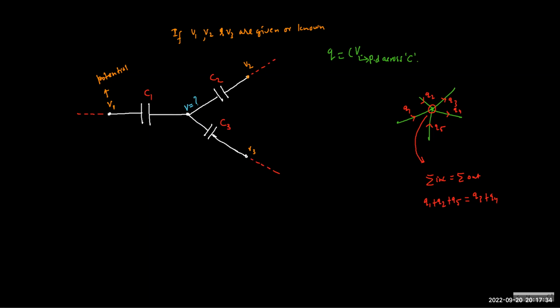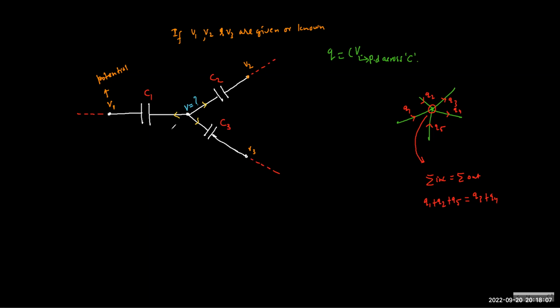Or you can assume all are outgoing, or you can choose some of them as incoming, some of them as outgoing. But no matter what your selection or choice is, mathematically all will boil down to the same thing. So mathematically it won't be difficult. Understood?